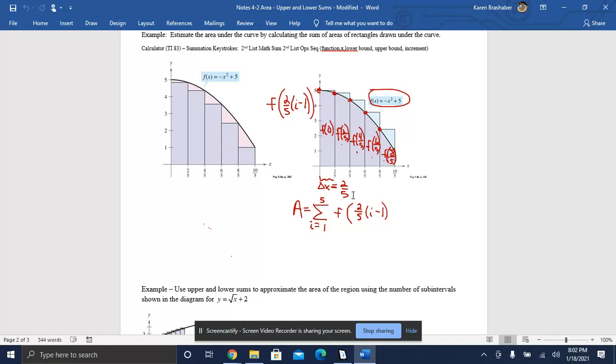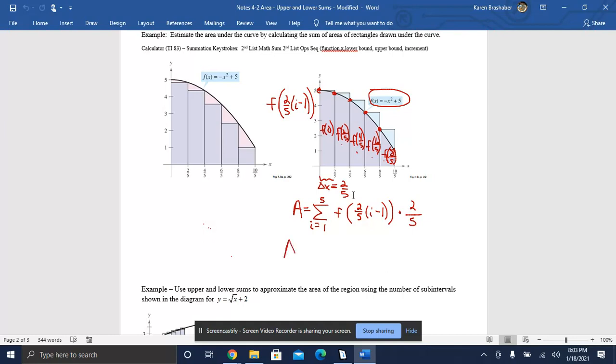And that will be the height of each one of those rectangles, because each one of those rectangles has the left endpoint on the curve and not the right endpoint. So we had to back up 1. And remember, that's the height. We have to take this times the width of 2/5.